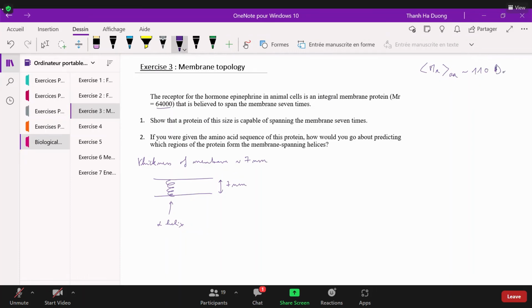It's not kilodalton, it's dalton. Okay? So if you have a molecular mass of 64,000 dalton for the protein, it means that you will have around 64,000 over 110, 582 amino acids. Okay?